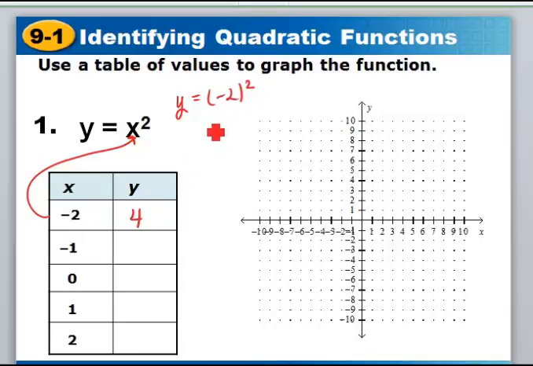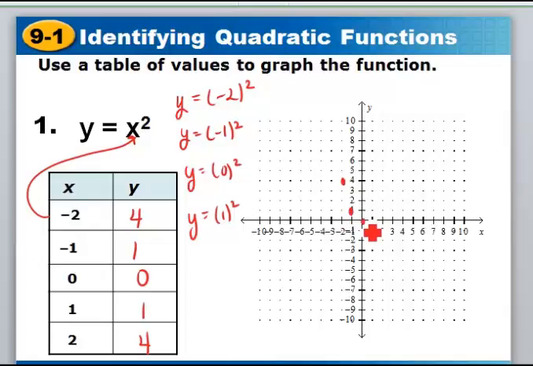Then we're going to plug in negative 1, y equals negative 1 squared, which is 1. Then we're going to plug in 0, 0 squared is 0. Then we're going to plug in the 1, 1 squared is 1, and then plug in 2, and we get 4. Graphing these ordered pairs, I get negative 2, 4; negative 1, 1; 0, 0; 1, 1; and 2, 4.